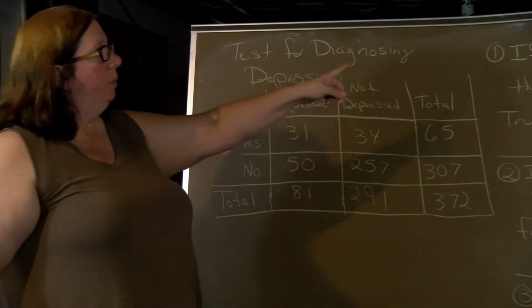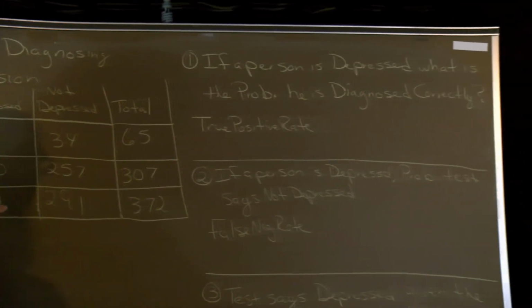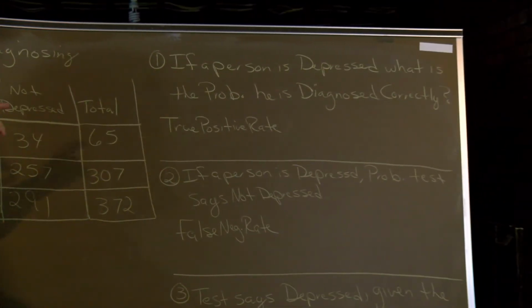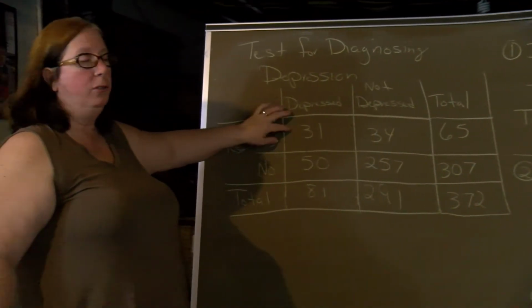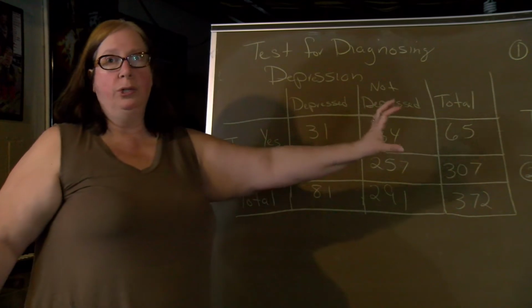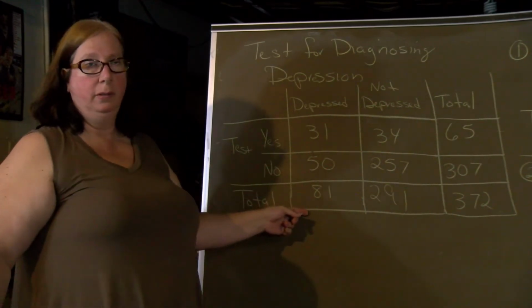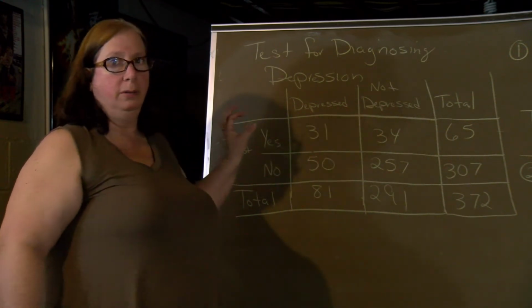The first one, if a person is depressed, so depressed is here, what's the probability he is diagnosed correctly? Well, that's also called the true positive rate, because that's this one. And as long as you always make your test go horizontal, you always take this over the bottom number. So that always helps. Make your test always go horizontal.